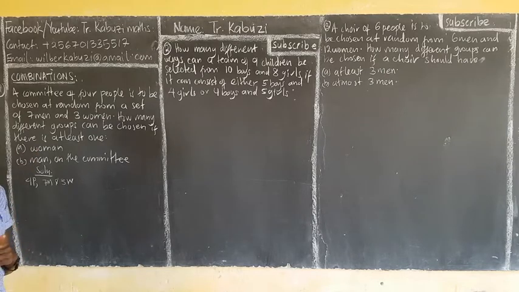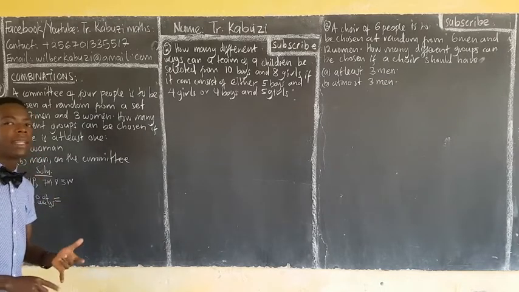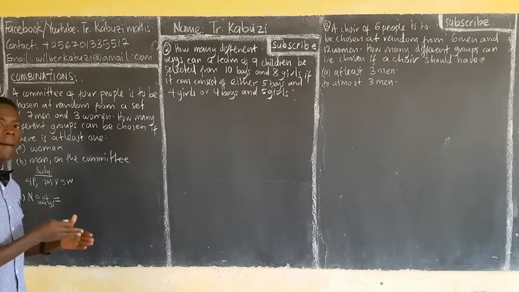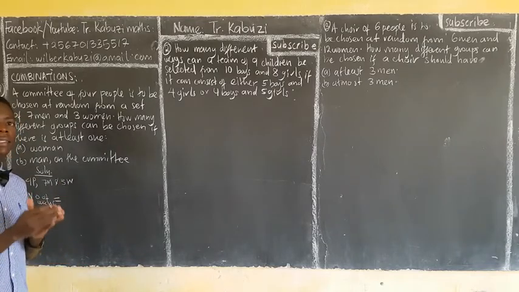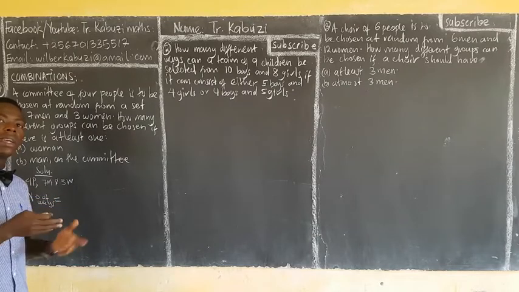Now here, the idea is somewhat different. Look at it. Part A, the number of ways of how I can choose this. If they say at least 1, at least means that number is the smallest. It means the smallest number of women on that committee should be 1.